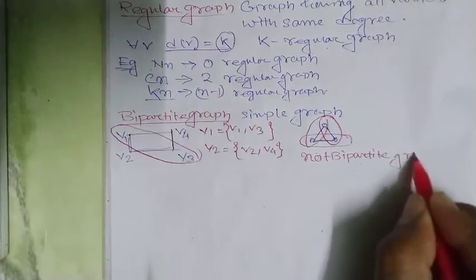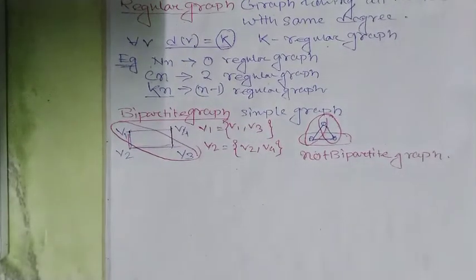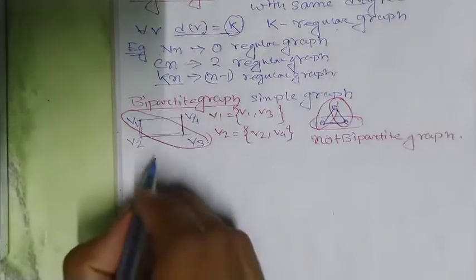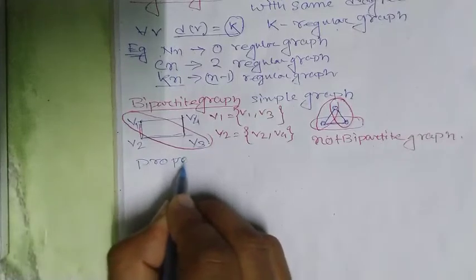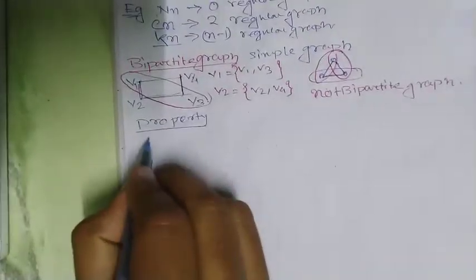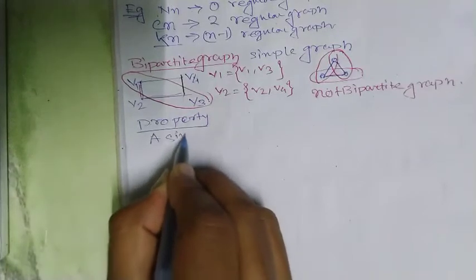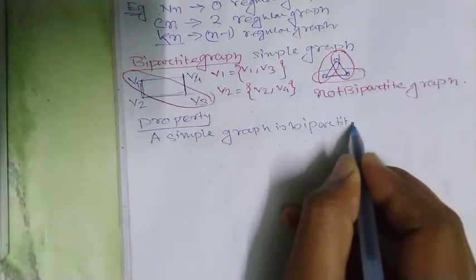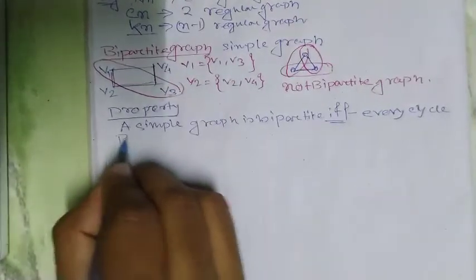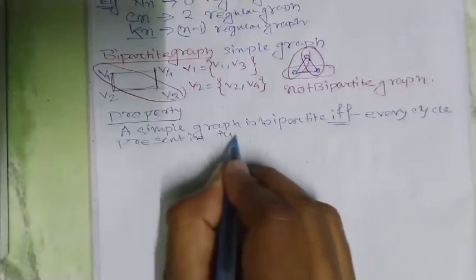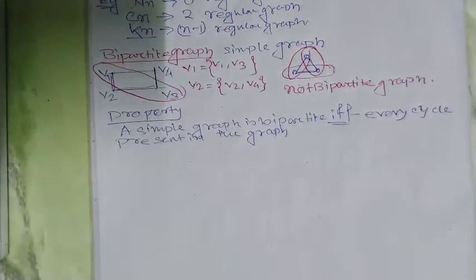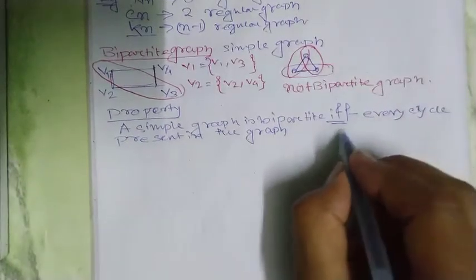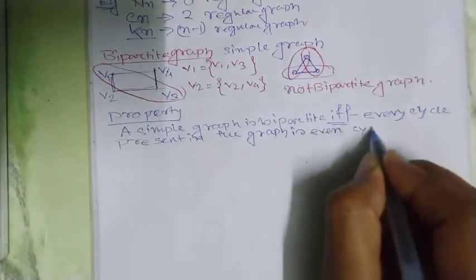Now I am writing one property that is very necessary, and the property says that a simple graph is bipartite if and only if every cycle present in the graph is an even cycle.